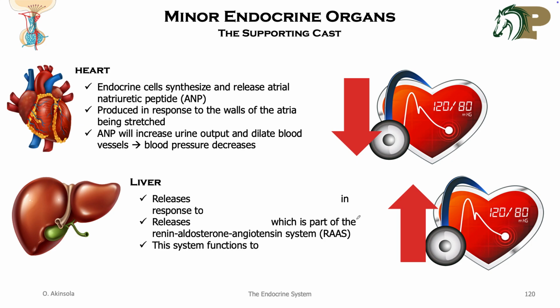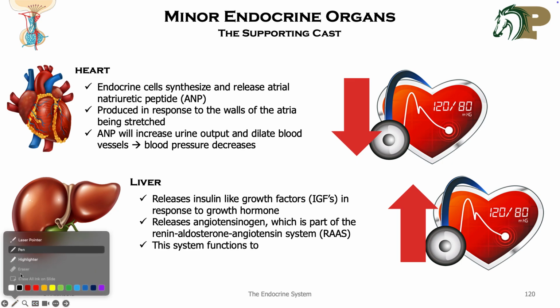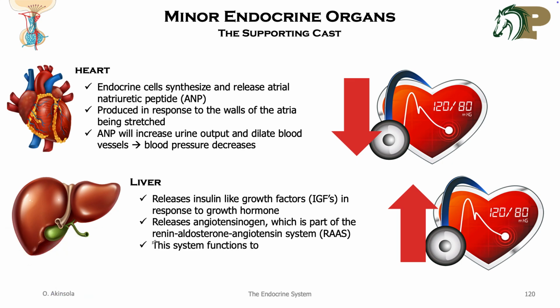The liver is going to release insulin-like growth factors in response to growth hormone. It will also release angiotensinogen, which is part of the renin-aldosterone-angiotensin system. And this system here will function to increase blood pressure.